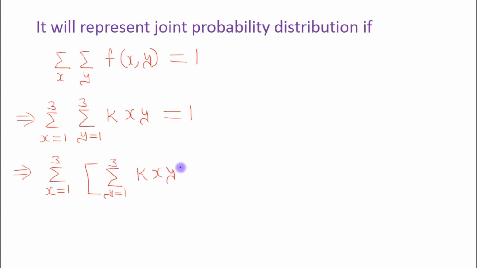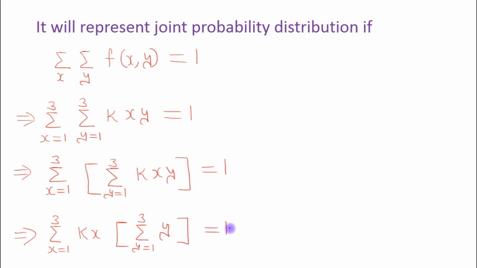kxy equals 1. And in the bracket we will write sigma y equals 1 till 3, y equals 1.